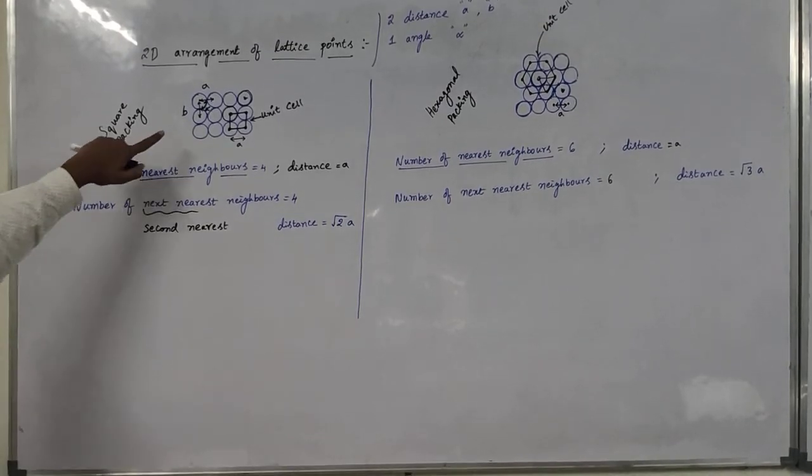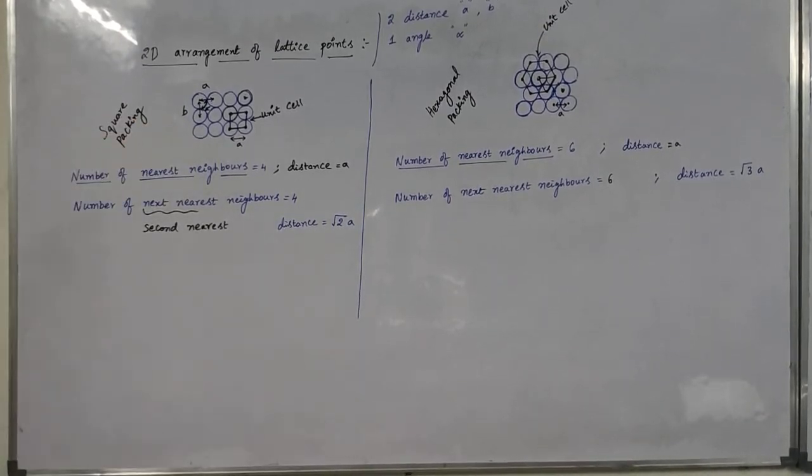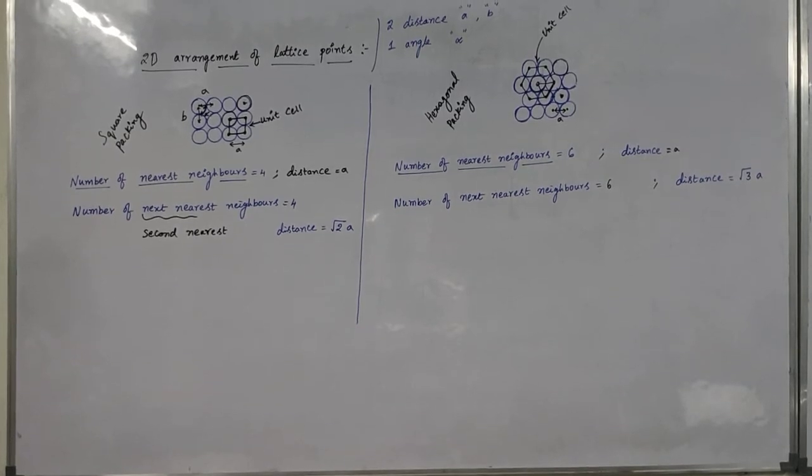Now tell me, what about the number of third nearest neighbors for this? Number of third nearest neighbors at a distance of, yes, 2a. Right? So how many such neighbors are available? 8.